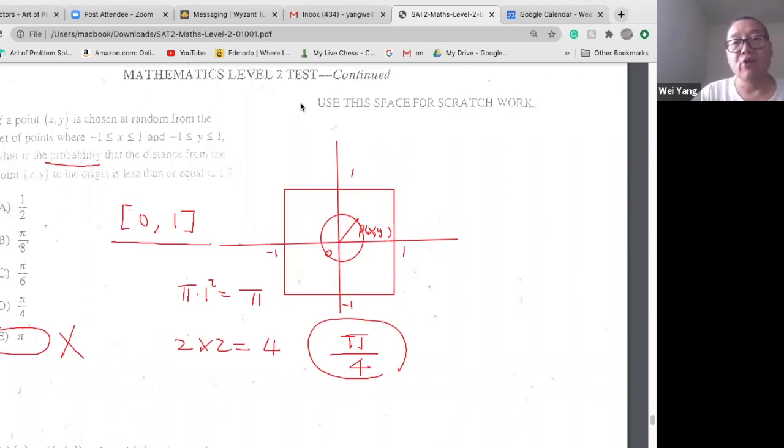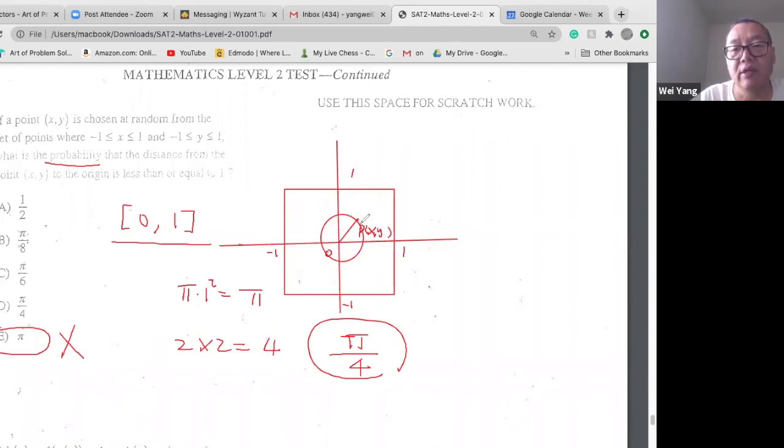Okay, so when you solved this problem, tell me how you solved it. I guessed. You guessed? You should not guess. Geometric probability is actually very easy. You just follow the steps I show you here. It's very easy to get the answer because for this kind of probability problem, you just calculate the area of the geometric figure.